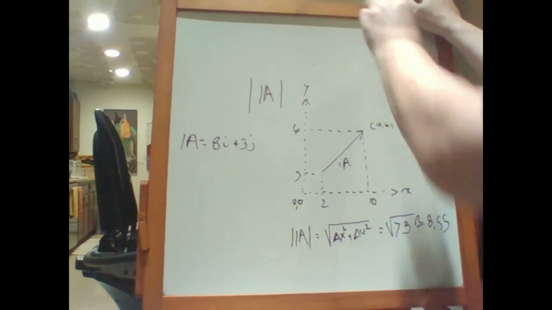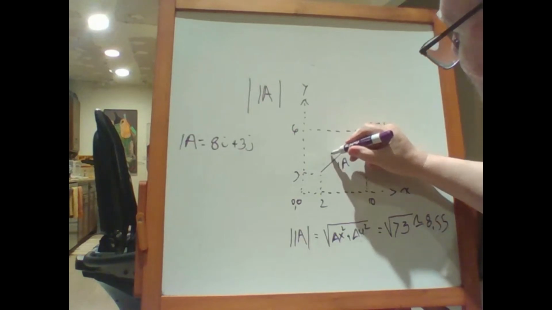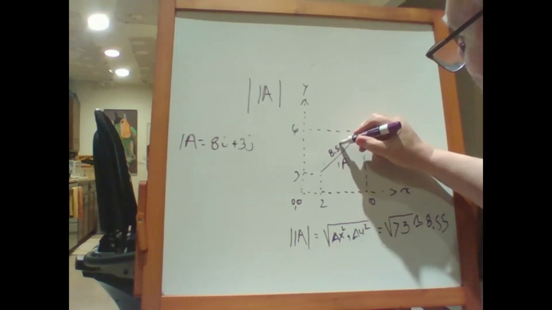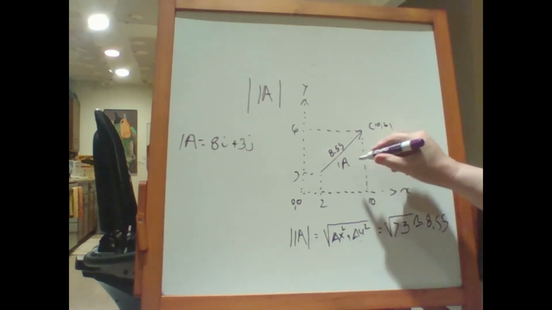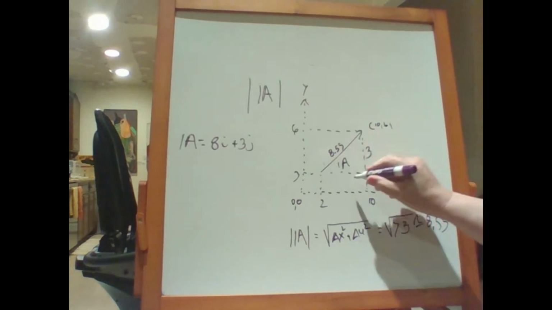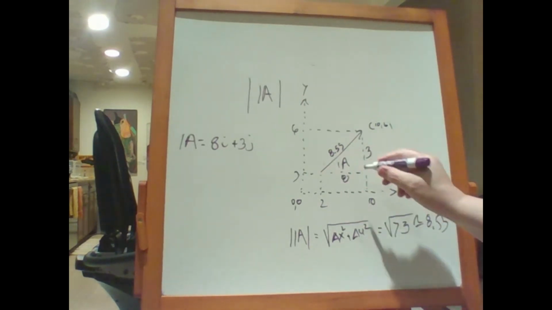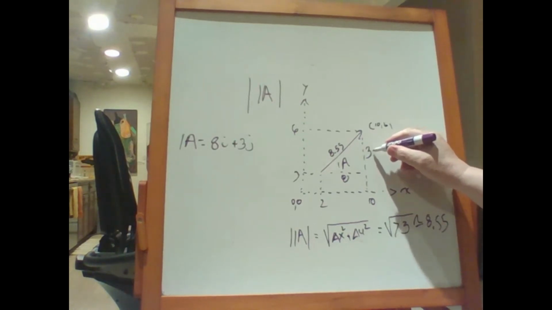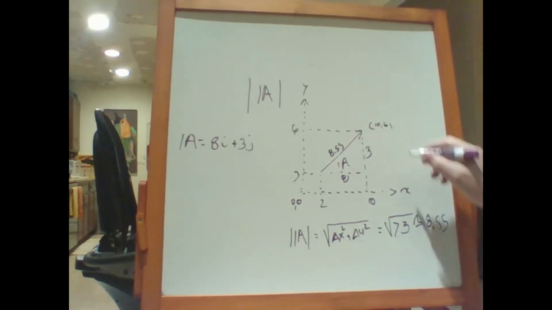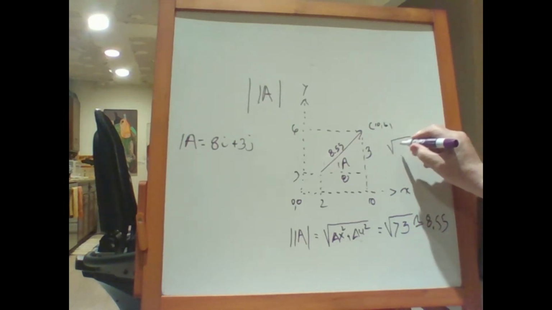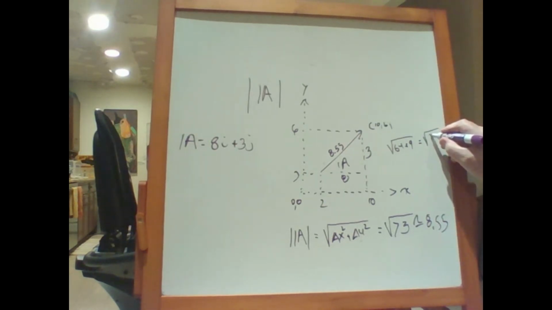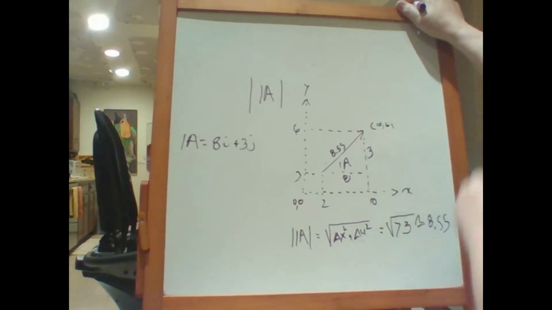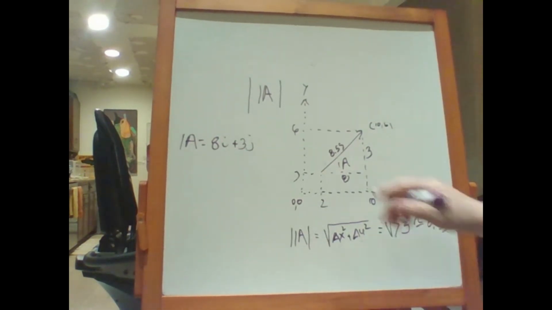So the magnitude of this is 8.55, because this height here is 3 and this is 8. 8 squared plus 3 squared under the square root. So that's 64 plus 9 equals 73, square root of 73, and that's what that hypotenuse is. So that's the magnitude.